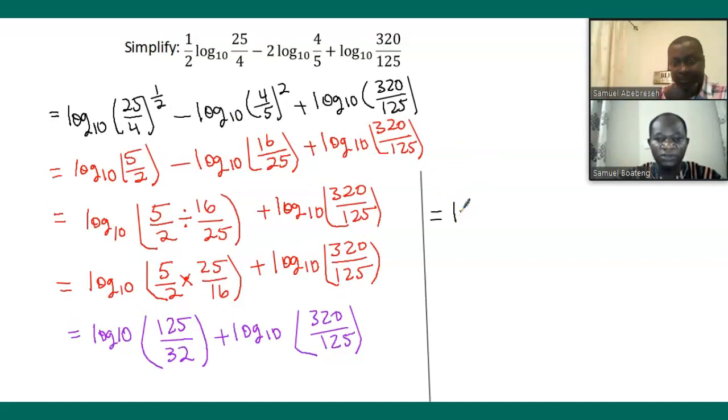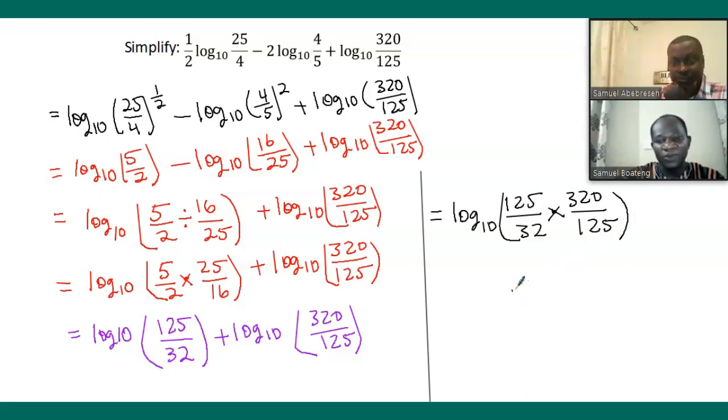So you have log to the base 10, bracket open, 125 on 32 times 320 on 125. Okay, so 125 will cancel 125.